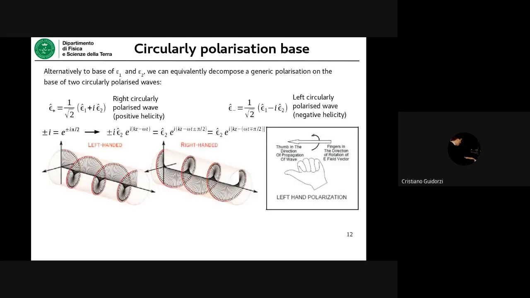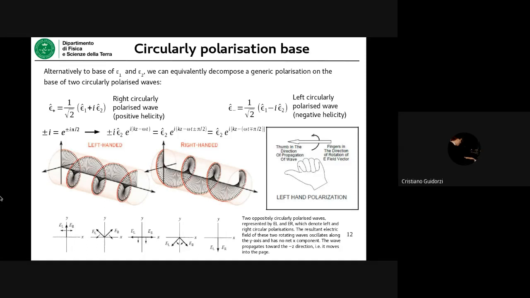This is just an illustration of what I just explained. You see that if you are looking from the point of view of the direction where the thumb points, in order to have clockwise rotation, you have to use your left hand. And this is just what is shown in this figure. Otherwise, of course, the right hand.